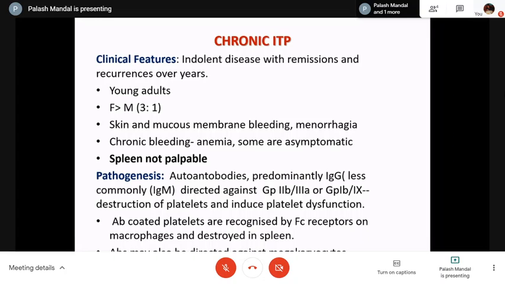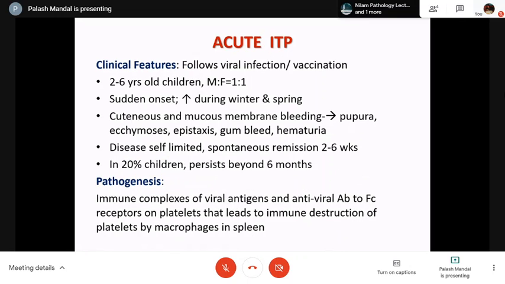The destruction part is almost similar, but the difference is the immune complexes of viral antigens, which sit on the platelets and destroy them.